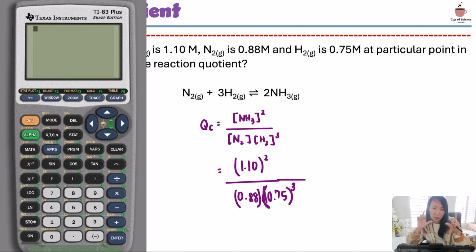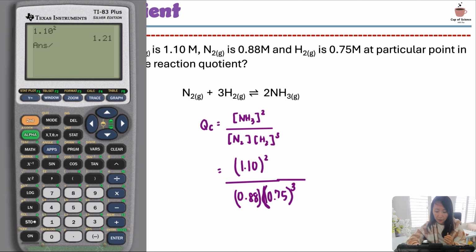First, we're going to work on the numerator, which is 1.10, and then that's to the second power. And I'm going to hit enter. That's 1.21. Then let's work on the denominator. Note that there is a 0.88 and a 0.75, so you want to use double parentheses.